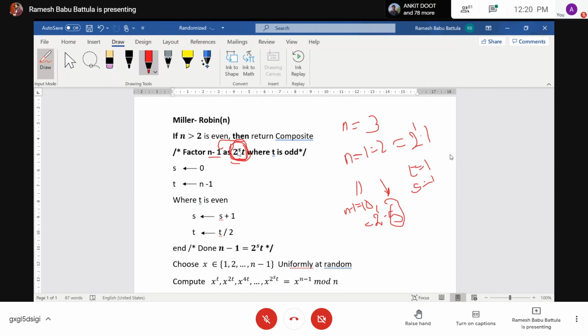So that's why I need two variables over here, s and t. S is initially 0, and my n minus 1 value is represented with the help of t.